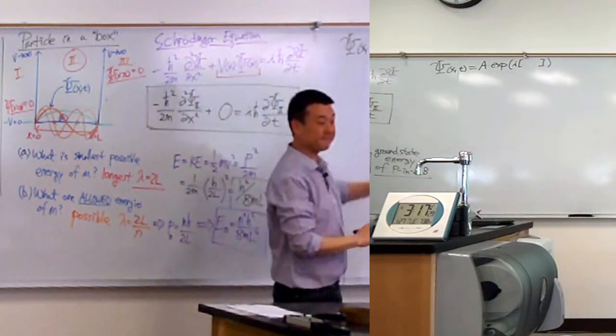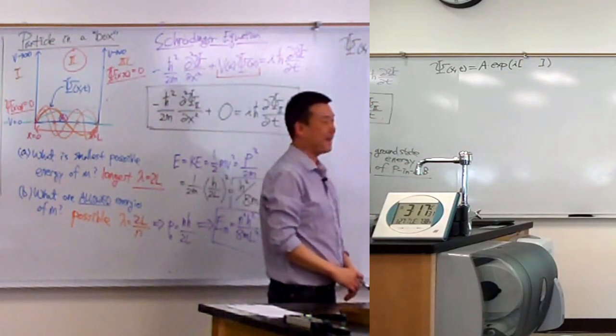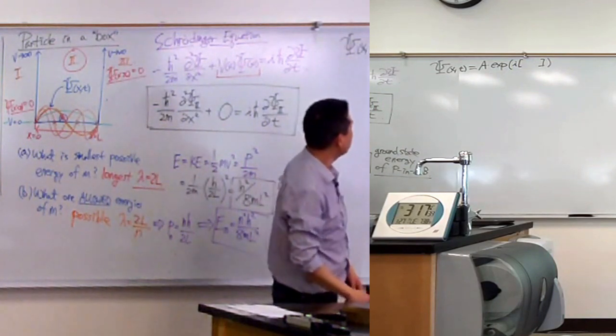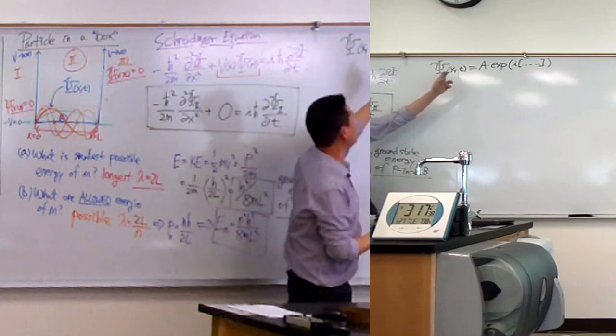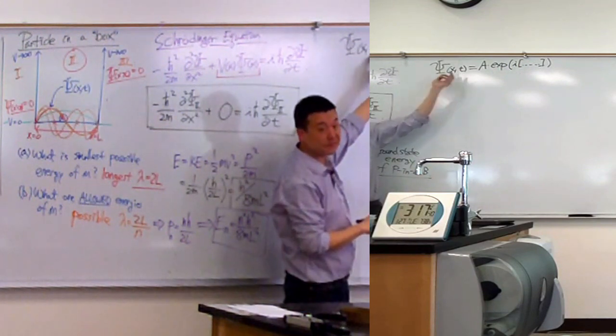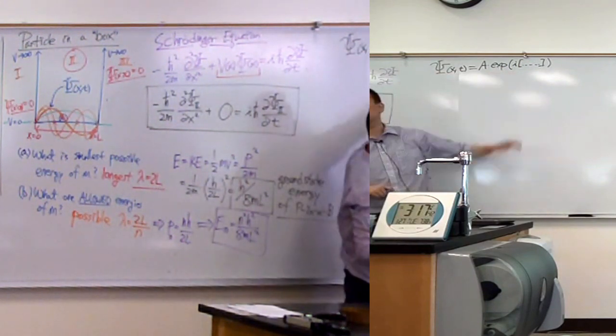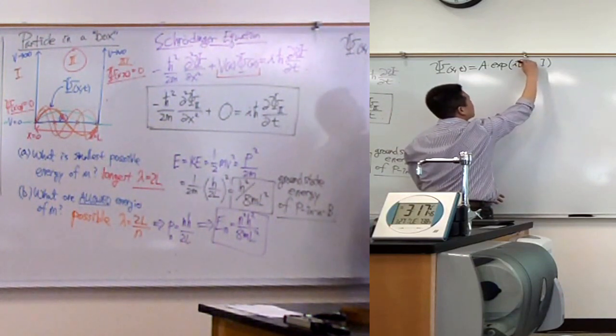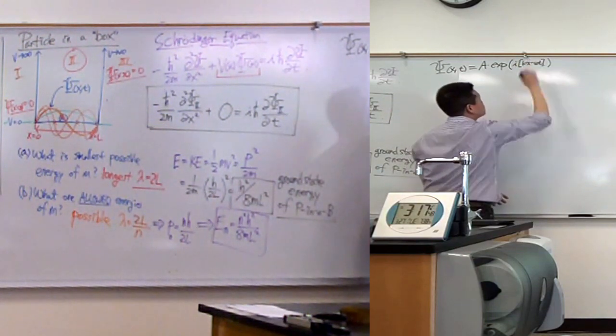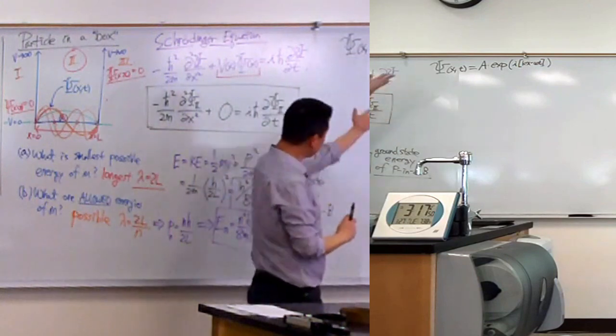That's our guess. The combination going into the complex exponential is a function of position and time. Might as well write it in the form kx minus omega t. So that's our guess.